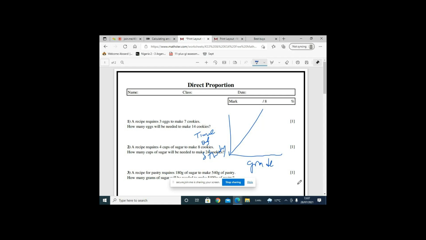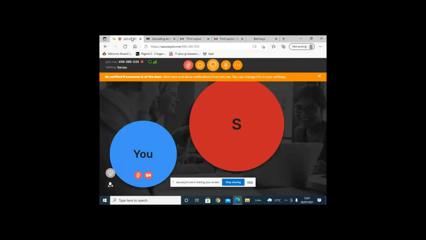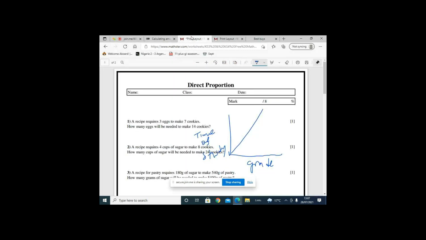So time of study and grade are directly proportional to each other. You have to understand that. So we look at examples now.